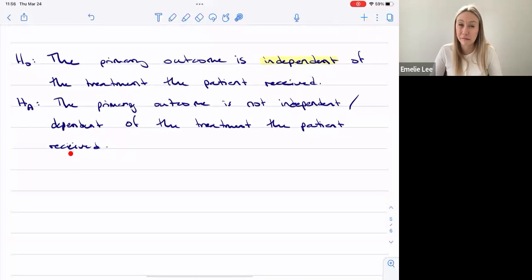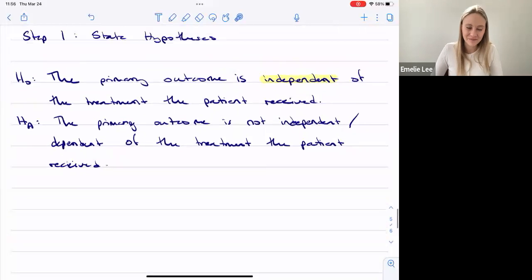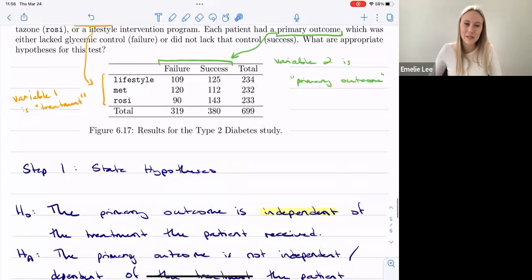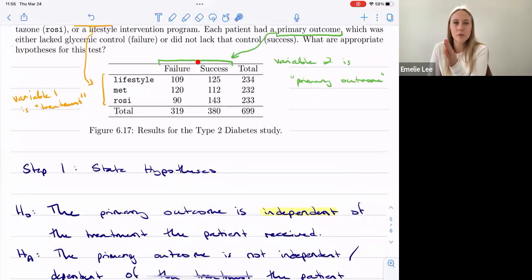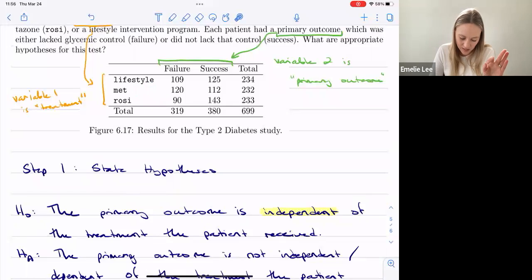Case in point. What does that mean, right? It means that okay, then the distribution among the failure and successes, right? The distribution shouldn't matter depending on what treatment you gave, right? Whereas what we're seeing here is we see quite a low count in comparison in the failure category for the Rossies versus the success.